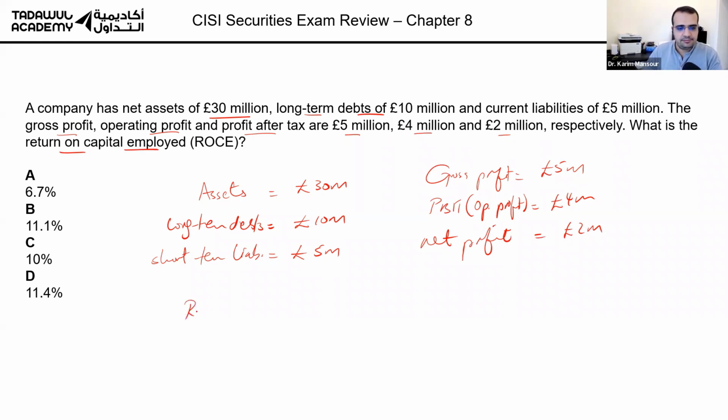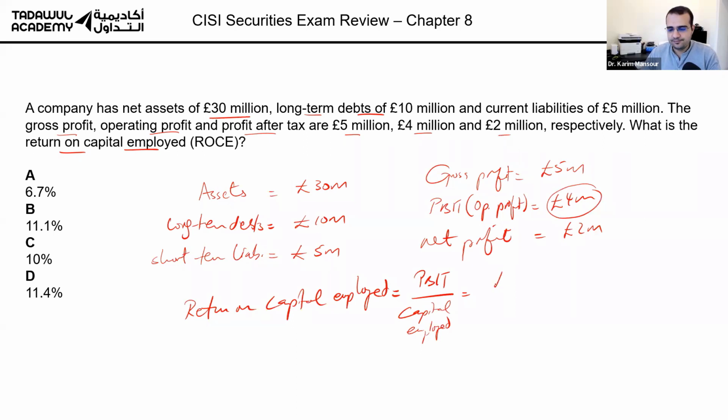The return on capital employed equals the profit before interest and tax, the operating profit, over the capital employed. The profit before interest and tax is 4 million.